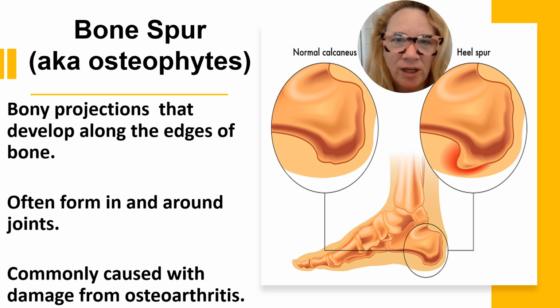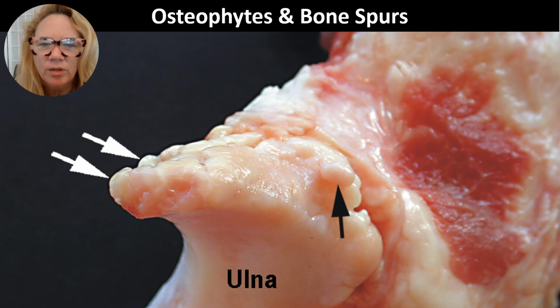So if you can't handle seeing cadaver tissue, please turn away from the screen a moment. I will show you what bone spurs look like in real life. Here in the shoulder joint, there are 3 arrows, 1 black and 2 white arrows showing osteophytes on the ulna.